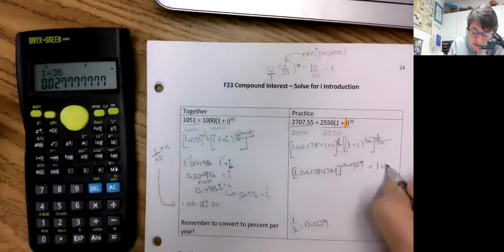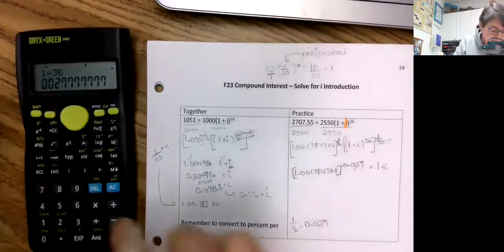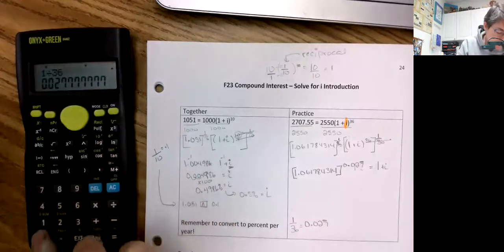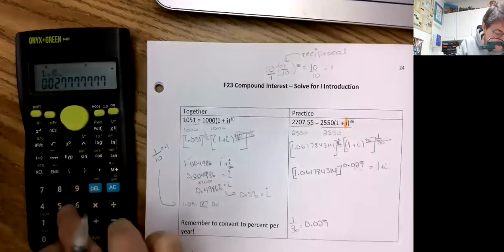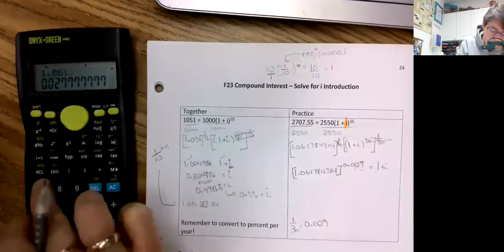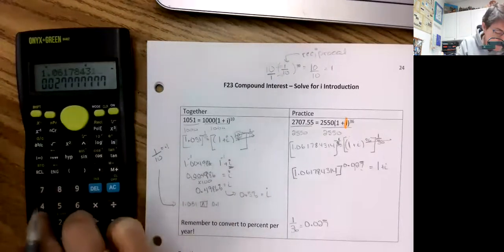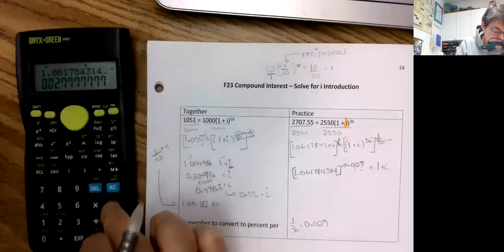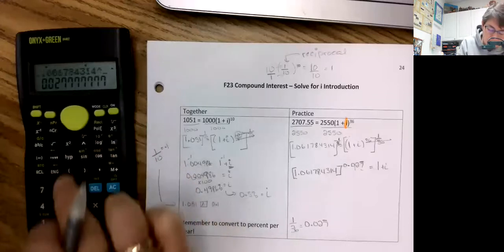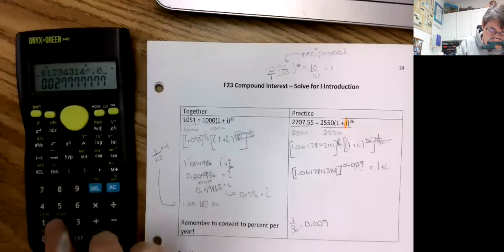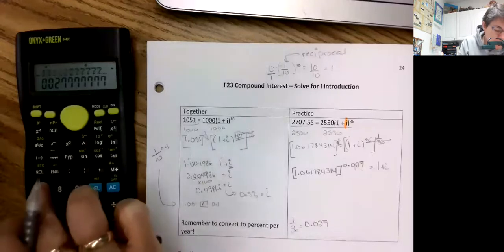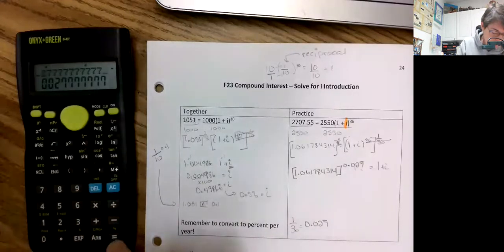1 plus I. So 1.061784314 caret 0.02. And then because we're repeating, I have a whole bunch of sevens.